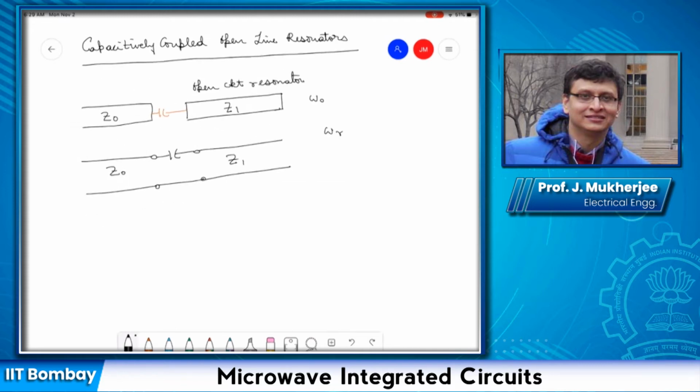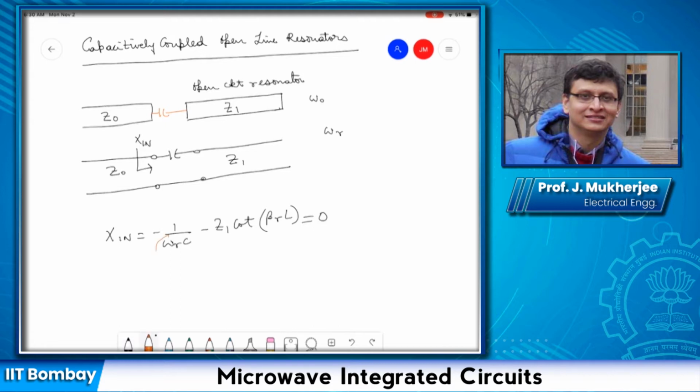Let us say we are considering series resonance. Now if we want to compute the reactance seen from this end, we can write X in is equal to minus 1 upon omega r C minus Z1 cot of beta r l. At the resonant frequency, this is equal to 0.